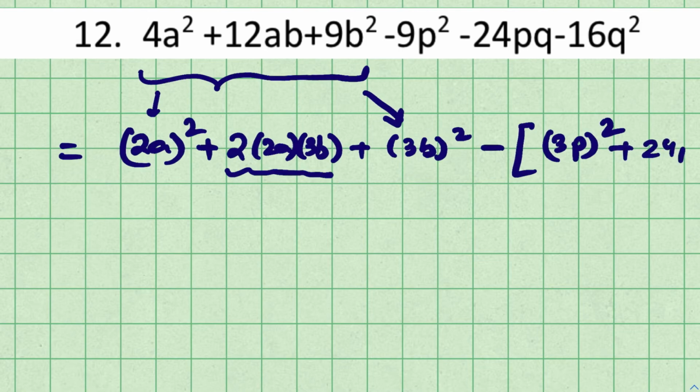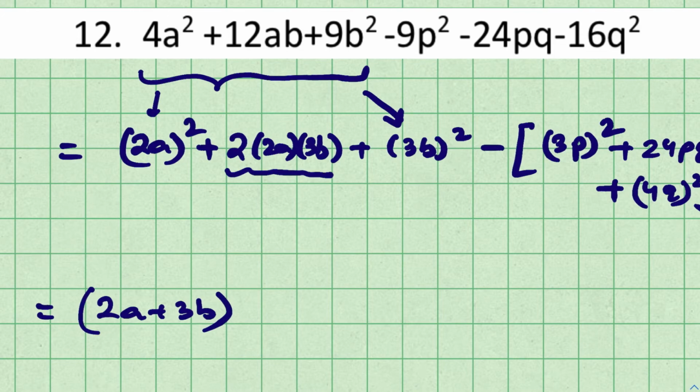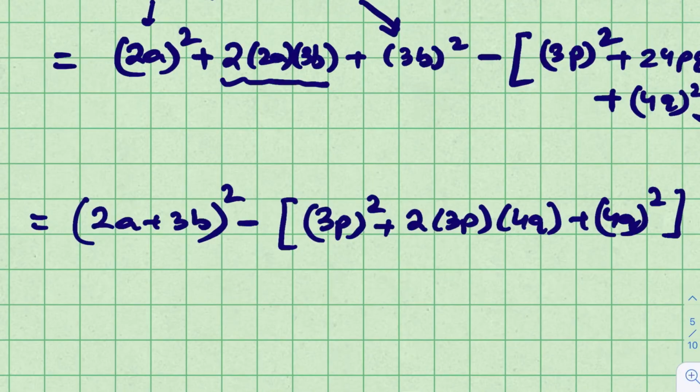So basically I can write like this. Now we notice that the first three terms can be combined and written as (2a plus 3b) whole square minus, whereas the last three terms can be written like this.